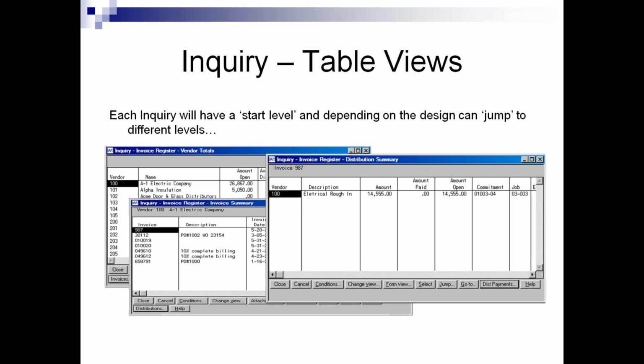So we get a list of all the vendors and we see some summary totals, but we want to see more information about that vendor, so we might double click on the vendor ID and it jumps to a different table that shows us a list of invoices for that vendor. And then from there, we might want to see more information about that invoice. So we could have a third level, if we double clicked again, that would take us to the screenshot off the top of page 6, which is showing us information about that invoice.